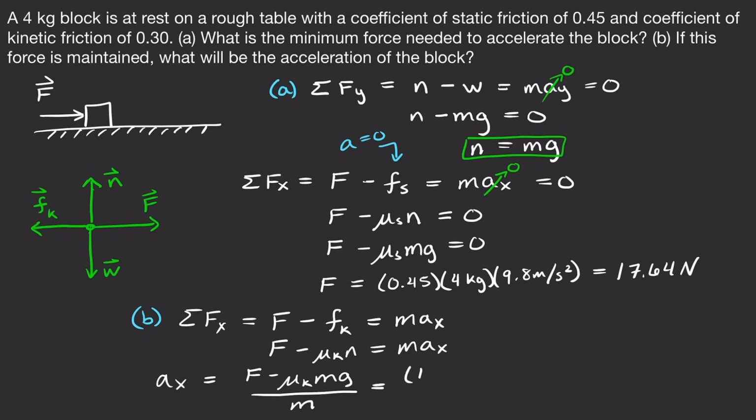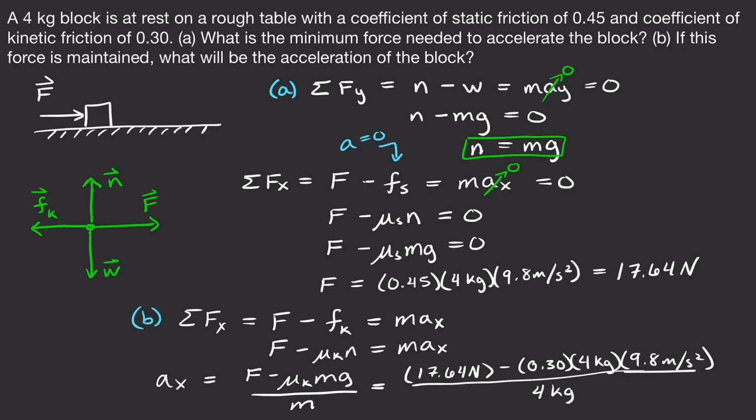And if I plug this in, I get 17.64 newtons for my applied force from part A, minus coefficient of kinetic friction of 0.3 times 4 kilograms times 9.8 meters per second squared, all over 4 kilograms. And that will give me an acceleration of 1.47 meters per second squared.